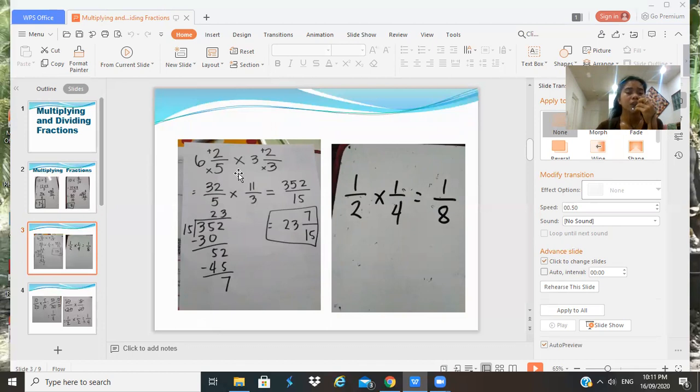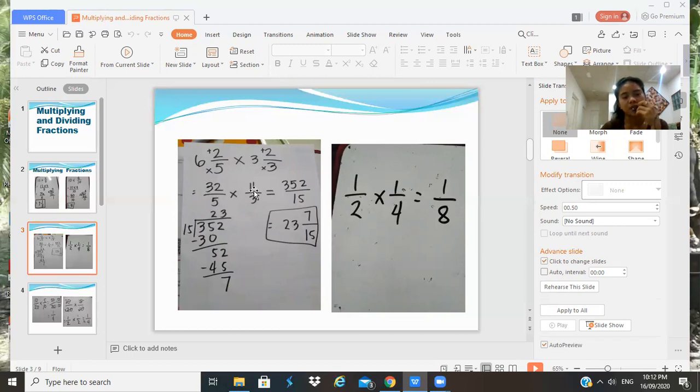How to rewrite a mixed number into an improper fraction? Multiply, then add. 5 times 6 is 30, plus 2 is 32. The denominator is 5. Then 3 times 3 is 9, plus 2 is 11. So, 11 over 3. Then we can multiply directly.